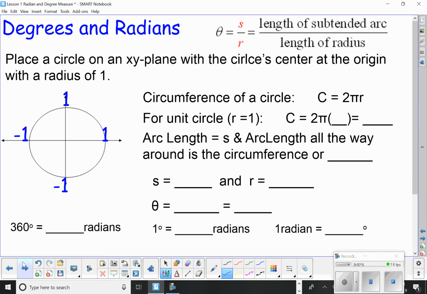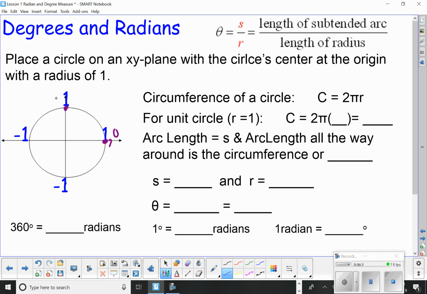Okay, degrees and radians. So theta is equal to S over R, the length of the subtended arc over the length of the radius. That's official mathematical speak. Now, if we place a circle on the XY plane with the circle center at the origin, which is 0, 0, and we want a radius of 1, that means out here is 1, 0.